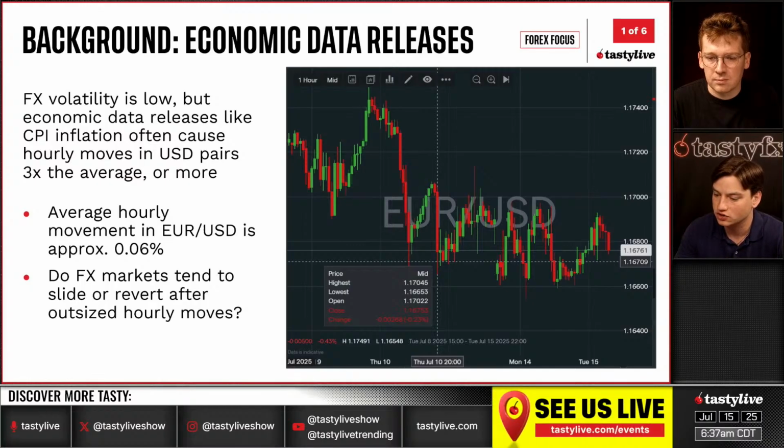Here, looking at the hourly chart, we can see even on a Thursday night with probably the Asian market open, we can see a move of 0.2%, which is over 3 times that average.